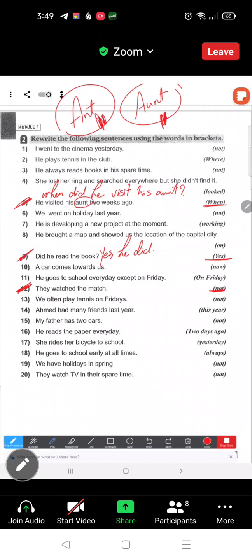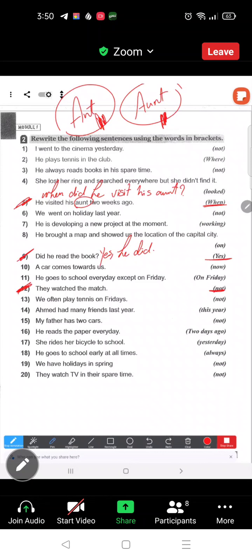Okay. They watched the match. Is it positive or negative? Listen to me, please. Positive. Okay. Is it passive or active? Active. Excellent. Which tense is used here? Past. Excellent. Okay, so this is positive, this is active, and the tense which is used here, this is past simple.